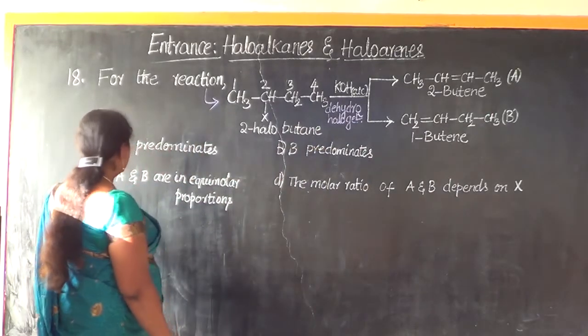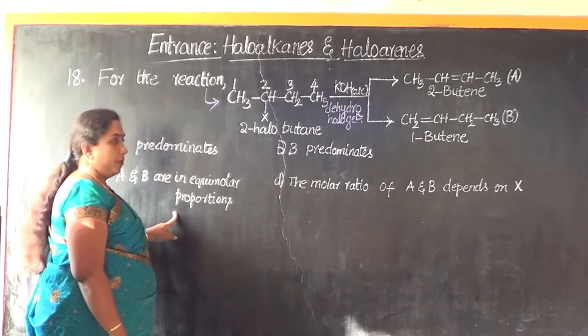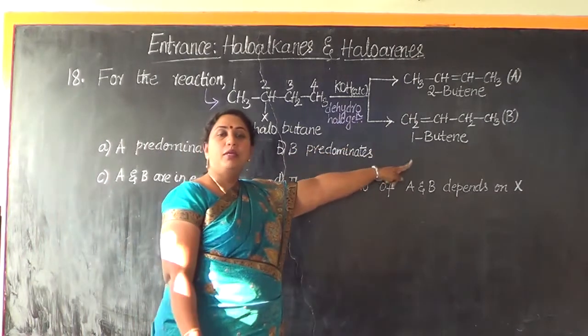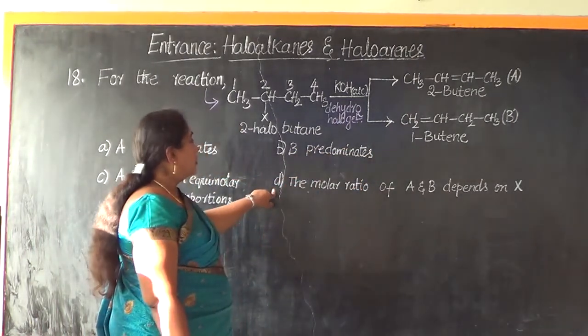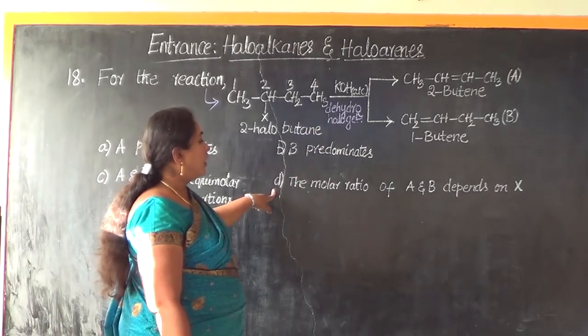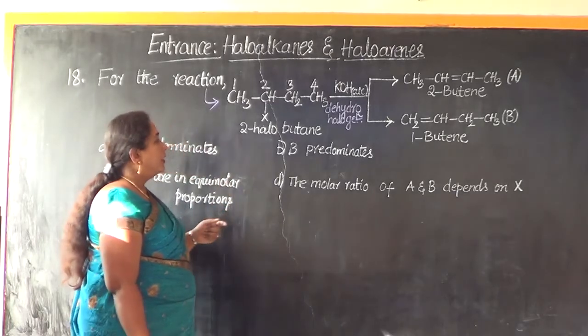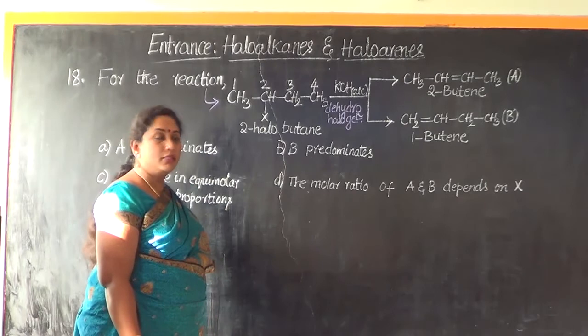Let us look into option C: A and B are in equimolar proportion. Is it that 2-butene and 1-butene are produced in equal quantities? Then option D: the molar ratio of A and B depends on X. So the quantity produced will depend on the halogen that's been considered.